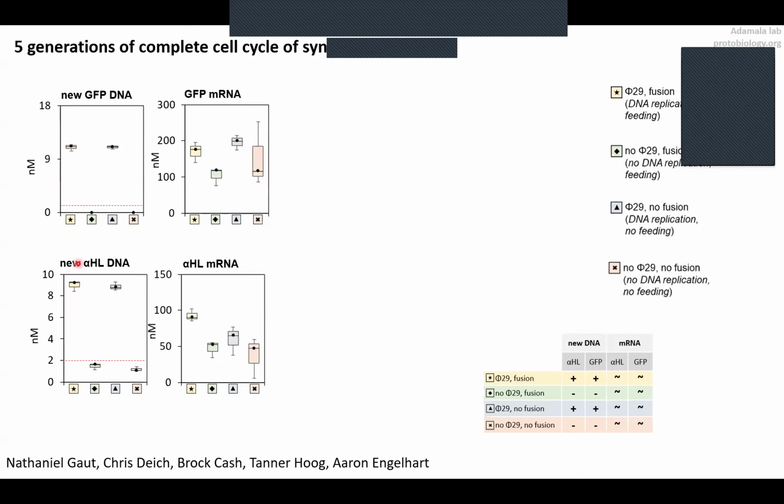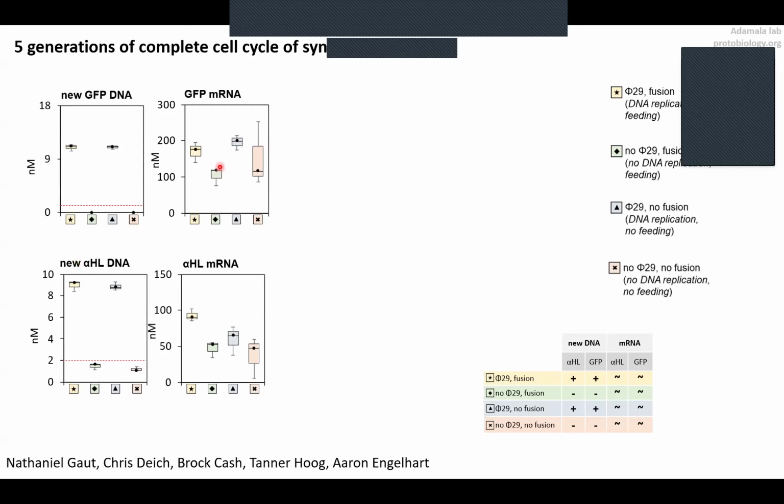Now, is there mRNA? This was the first surprising example. Again, what you see here is quantification of mRNA from the genome. We have those genes, they get transcribed into mRNA, and we can quantify that mRNA. What I would expect is that if I have those cells that grow and get fed, there will be significantly more mRNA than in the cells that don't grow and feed.